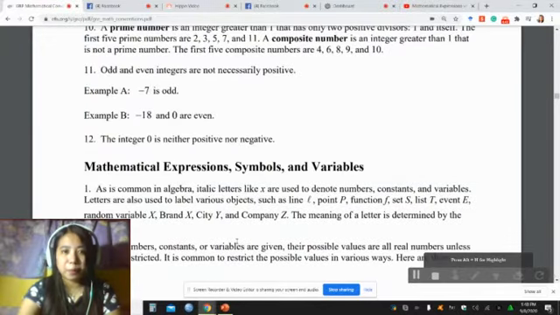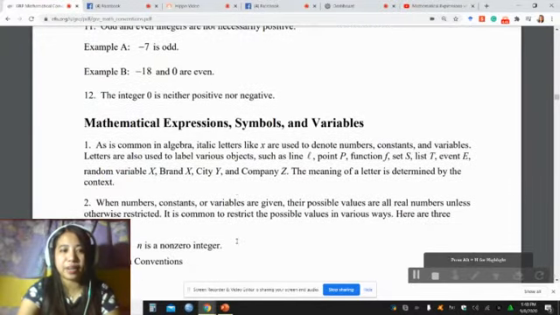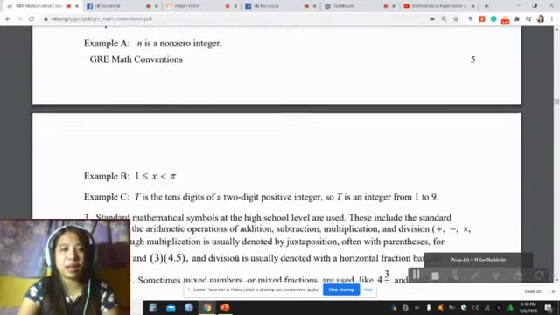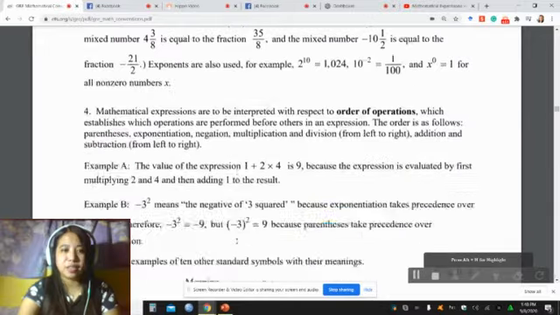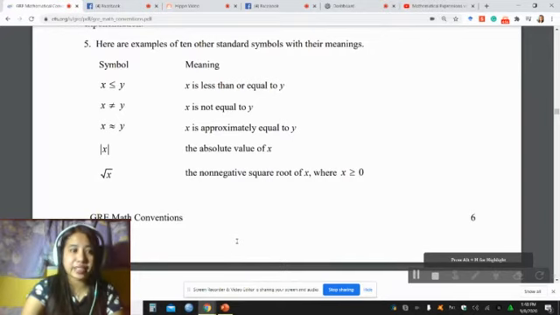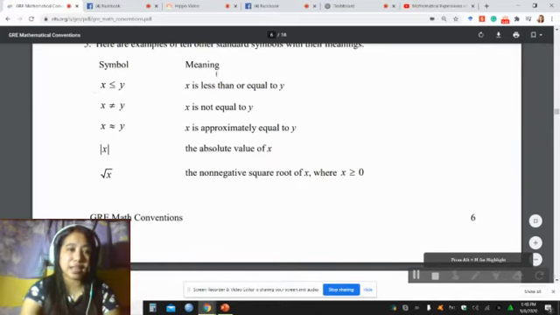For mathematical expressions, symbols, and variables, we also have here a list of the mathematical conventions, so you can go over this material. Examples here: we know that x less than or equal to y, this symbol means x is less than or equal to y. We also know that x not equal to y is the meaning of this symbol.